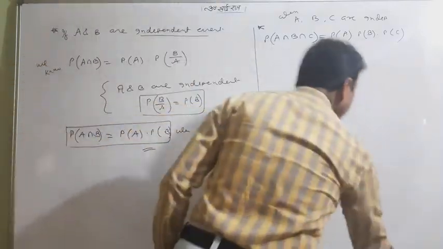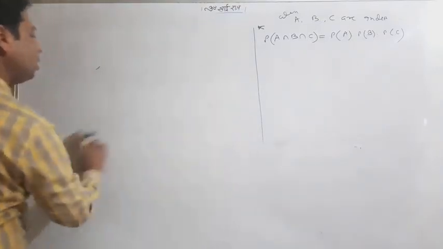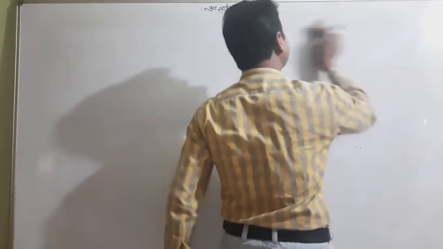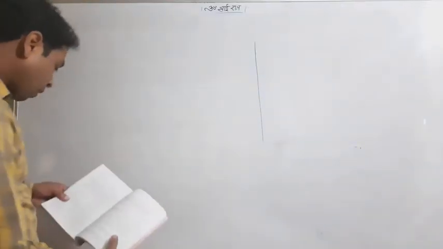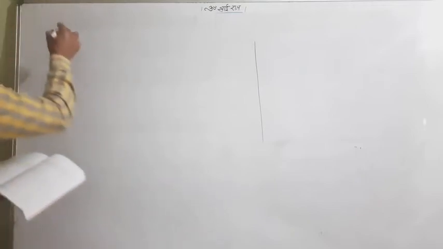Now I will tell you some examples from the book which depend on both of these things. Look at them one by one and try to understand, so we can make the difference between these two formulas and how they can be applied to questions. Look at example number 8.